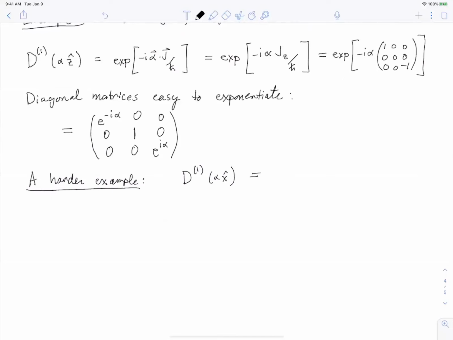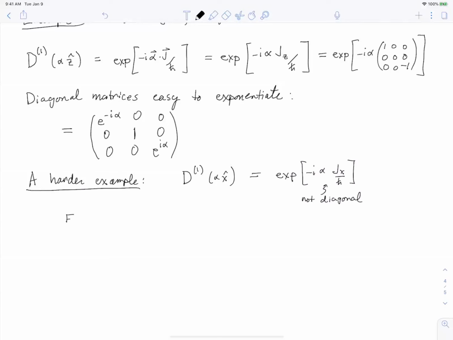And this is equal to the exponential of minus I alpha j sub x over h bar. And the problem is this is not diagonal. So how are we going to exponentiate that? For the Pauli matrix case with j=1/2, we were lucky because we had a special relationship. And a similar thing happens here, it's just more complicated.